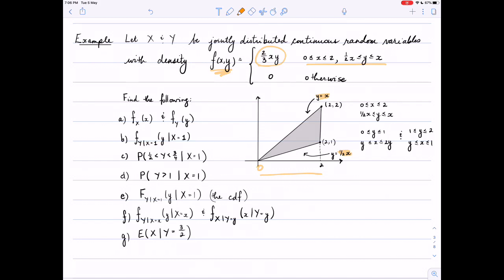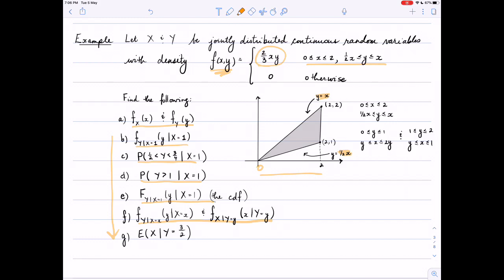Now, I want us to find the marginal distributions. I want us to find a whole litany of things. I want us to find the marginals. I want us to find a continuous distribution density function, use that to find probabilities, and find a CDF. I want us to find the conditional distributions, and you'll notice the difference between these two here.